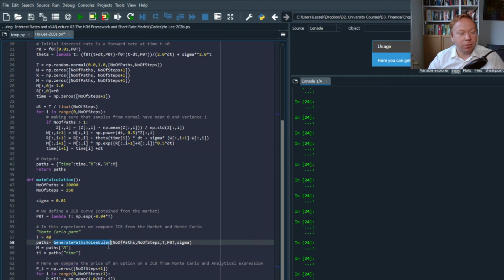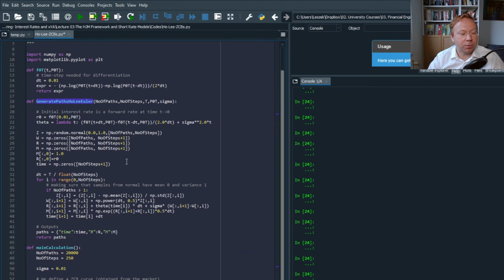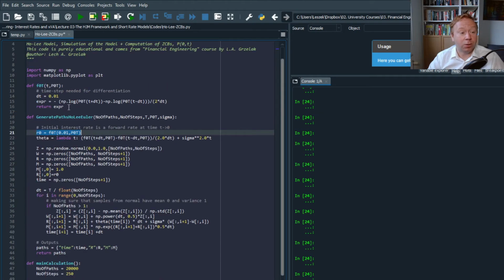Then we generate paths. In this path generation function, first I estimate R0, which, like I mentioned, I calculate at a small epsilon, let's say 0.01, so the next day from today, with the zero coupon bond curve as the input. Then I calculate theta, which we have seen in the Ho-Lee model, the derivative of the instantaneous forward rate plus sigma squared times t.